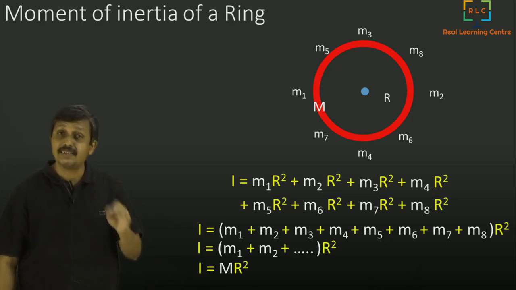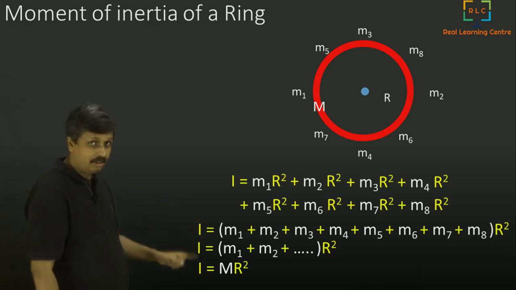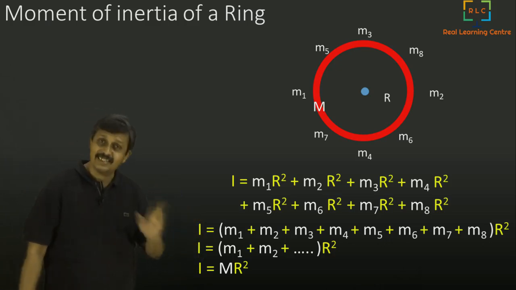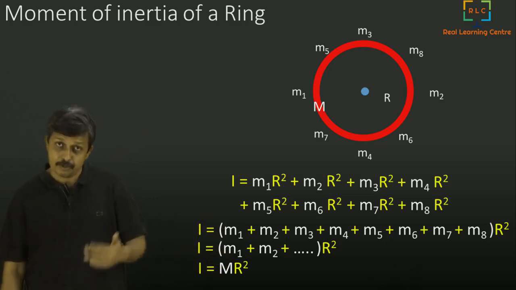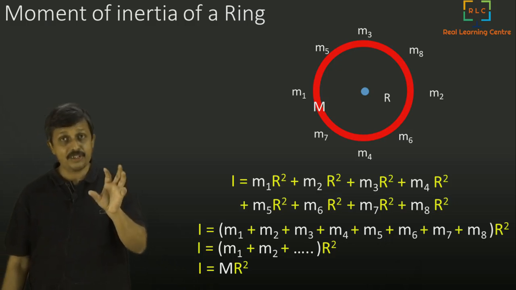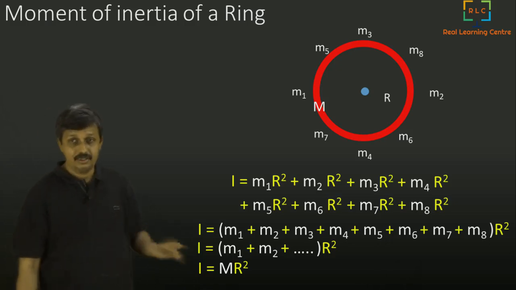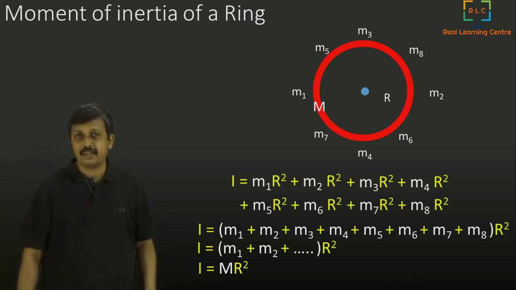You can clearly see moment of inertia here depends on the mass and also the radius. The higher the radius, the higher the moment of inertia, and that would be especially on a square term. Even if you double the radius, moment of inertia increases by 4 times. That is how it is calculated for a ring.